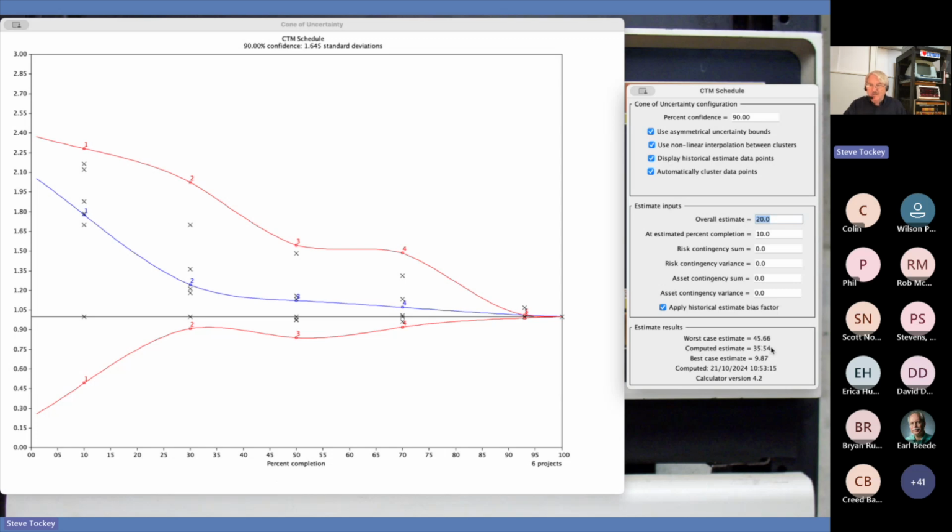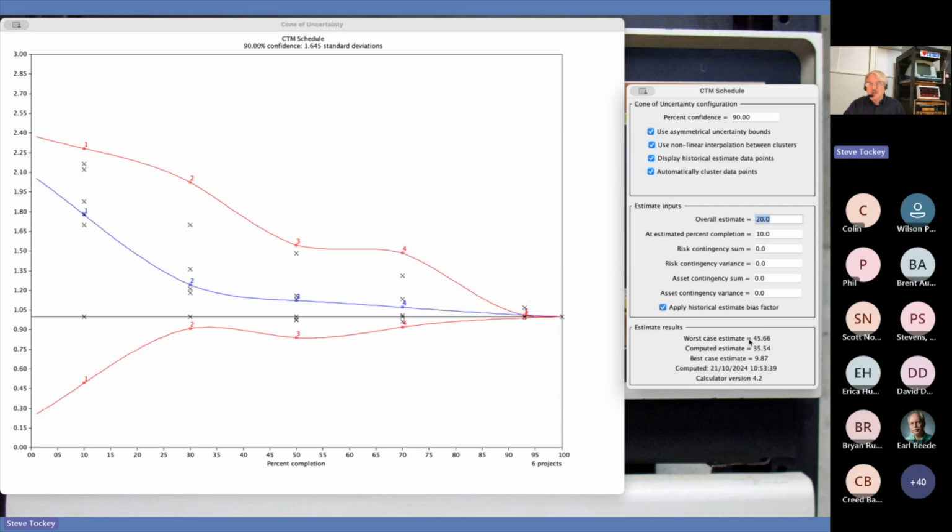But the important thing here is, in reality, because of the amount of bias in this organization, the true 50-50 point is more like 35 weeks. I thought 20, but we tend to underestimate by a lot. And so the actual is as likely to be better than as worse than this 35.54 being reported here.